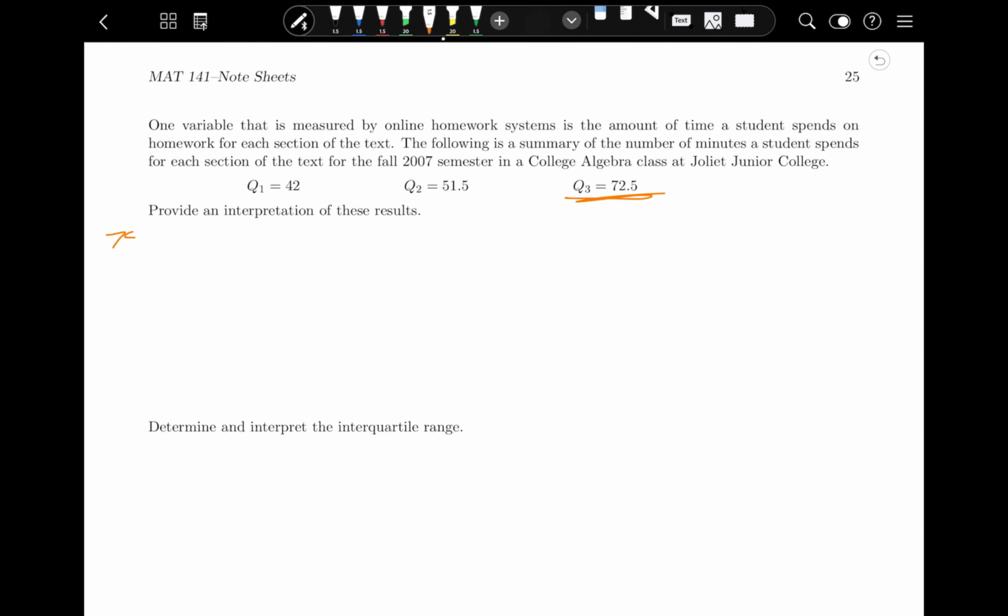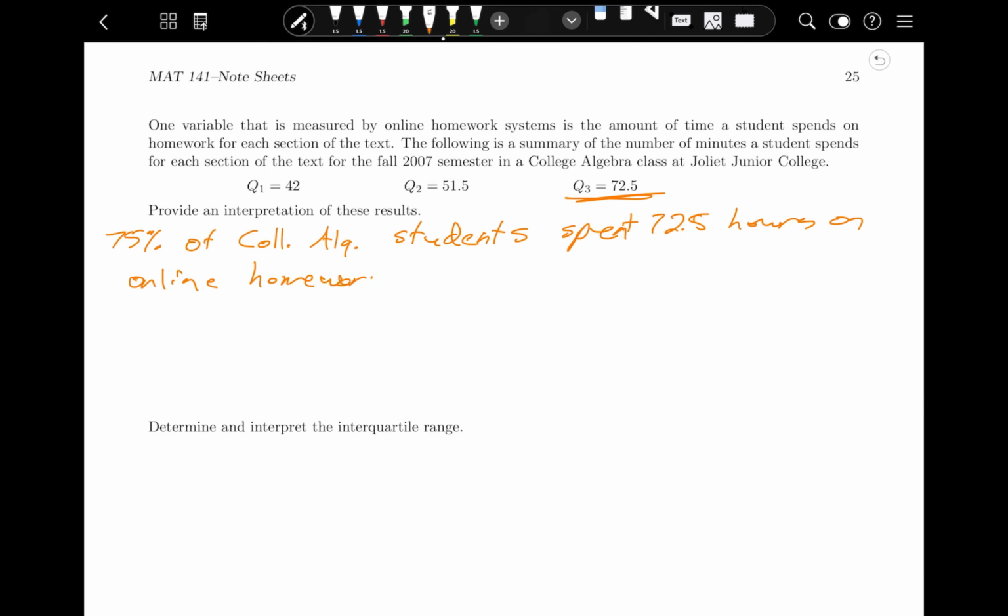So we can interpret that as 75% of college algebra students spent 72.5 hours on online homework for the semester, or more.